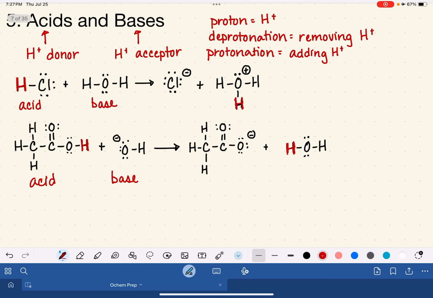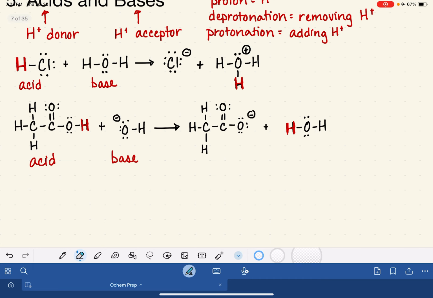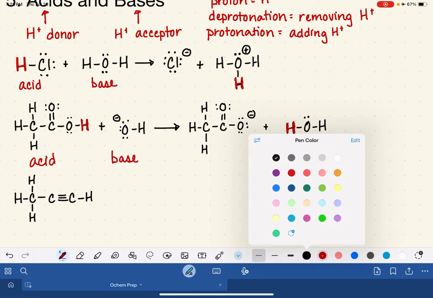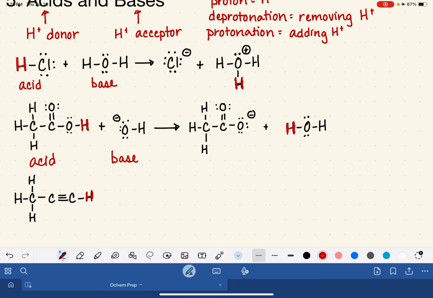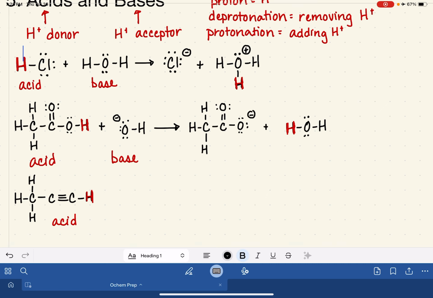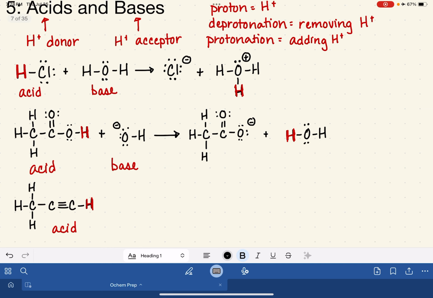Okay, let's look at another example. This time I'm going to show you an acid that you probably did not see in Gen Chem. This molecule right there, its acidic hydrogen is this one here on the end. This is an acid, and we are going to react it with a different base.